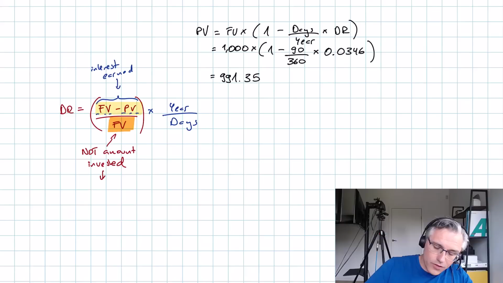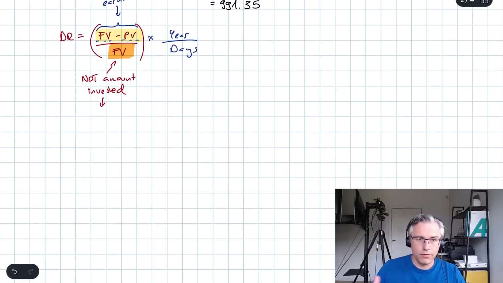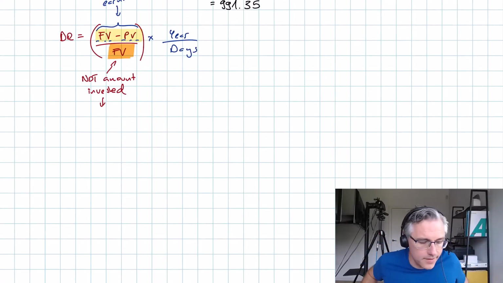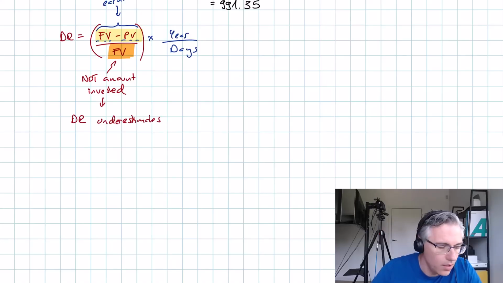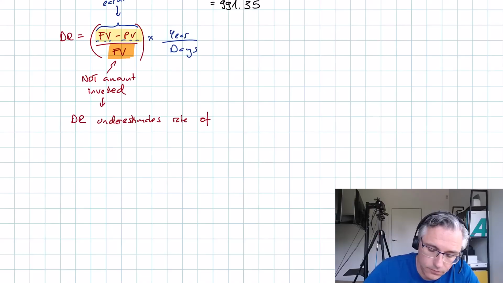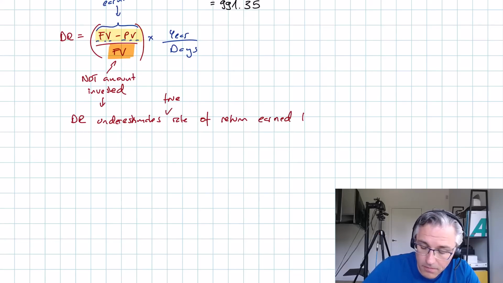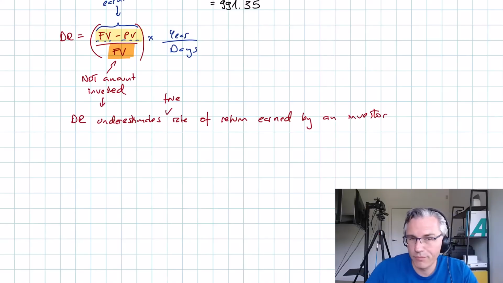And the logical consequence of this, and hopefully you can appreciate this quite easily, is that the DR computation underestimates the true rate of return earned by investors, because in order to compute the proper rate of return, you would have to have the price paid, the PV, in the bottom of that fraction.